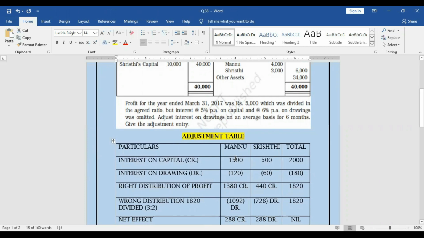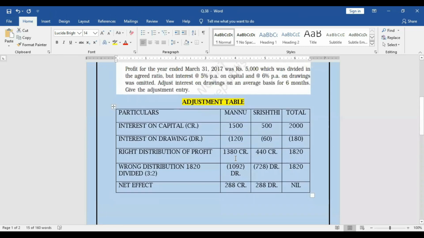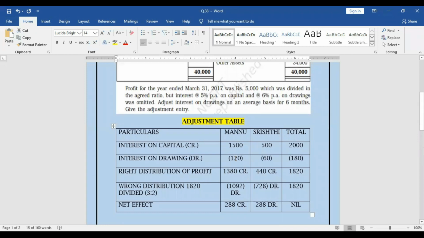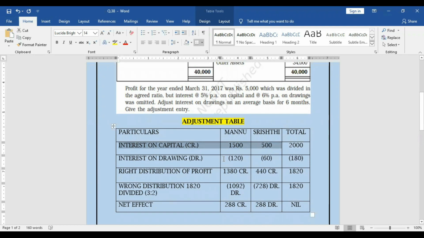To adjust them, first we prepare the adjustment table. Interest on capital, which was omitted, has to be credited to the respective partner. Interest on drawings omitted means there will be a short debit in the capital account, and to fulfill that we have to debit it, and find the difference.